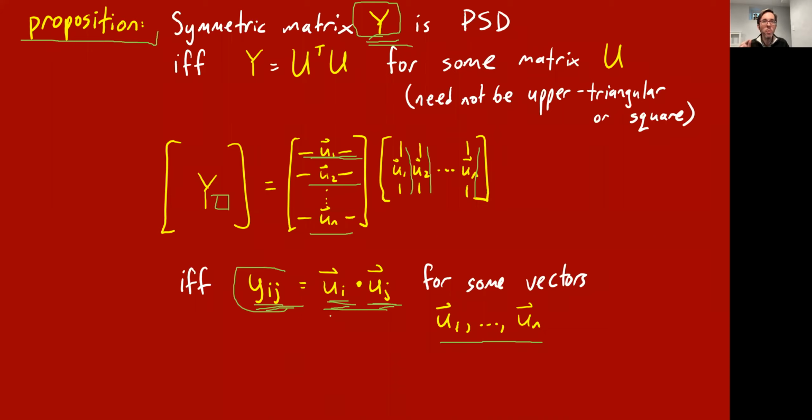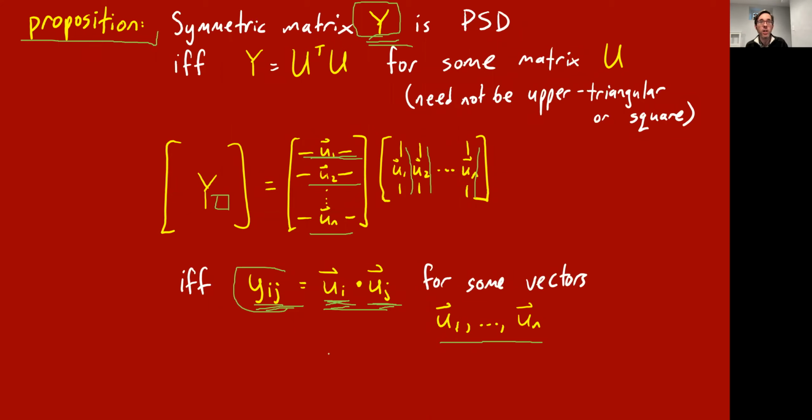And actually, this is super similar to the moment condition. Remember, the moment condition that we were trying to capture with PSD-ness was that there are real numbers u1 through un, we called them x1 through xn, such that yij equals ui times uj. And we replace this moment condition with this relaxed version, this PSD condition.